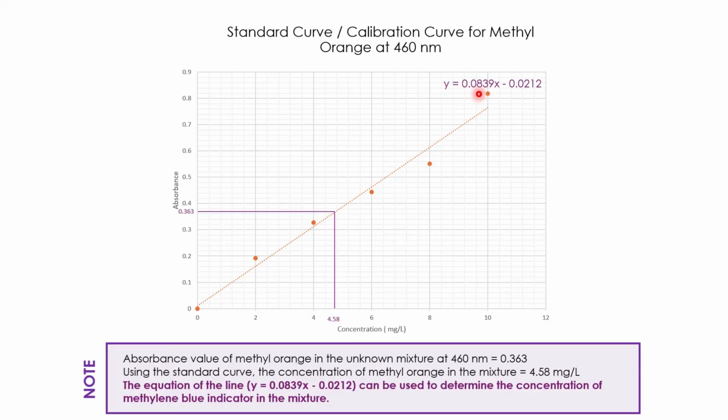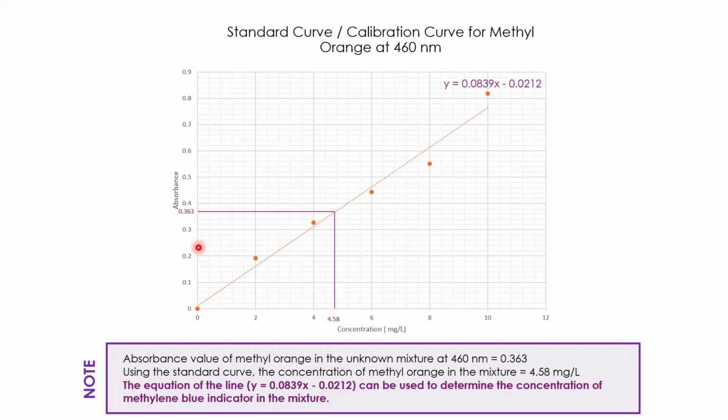If you are to do this, we will get x to be equal to 0.363 plus 0.0212, all divided by 0.0839. If you solve the equation, we will get a value of 4.58 milligrams per liter. So what it means is that the concentration of the methyl orange in the unknown mixture is 4.58 milligrams per liter.